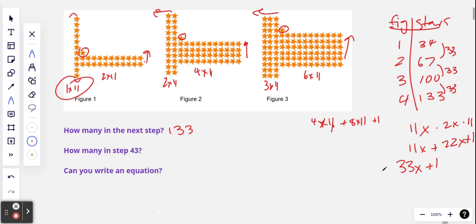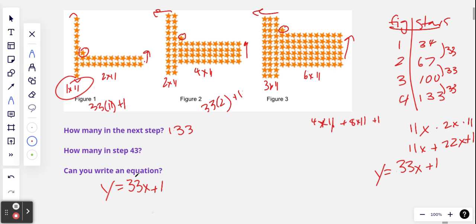So that, I think, is going to be our equation. And that came right out of this sort of visual analysis that we did. But if you want to plug the numbers back in here, in step 1, it would be 33 times 1 plus 1. That would give us 34. In step 2, 33 times 2, that'd be 66, plus 1 would give us 67. So you can check it out with more steps if you like, but I'm satisfied that this equation is correct.